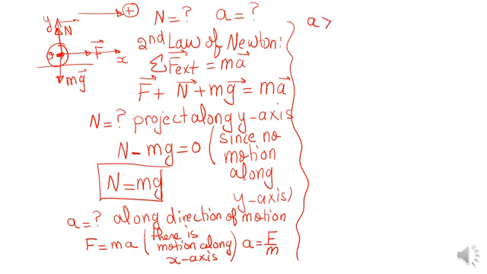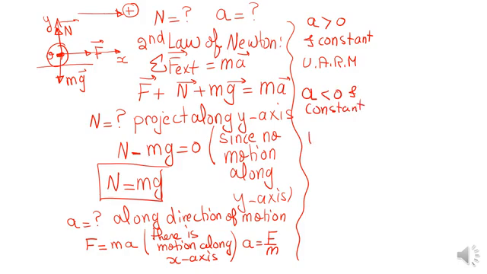If it is positive and constant, then the motion is UARM. If a is negative and constant, then the motion is UDRM.